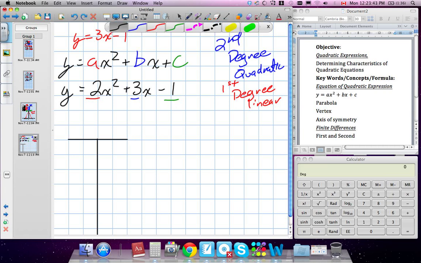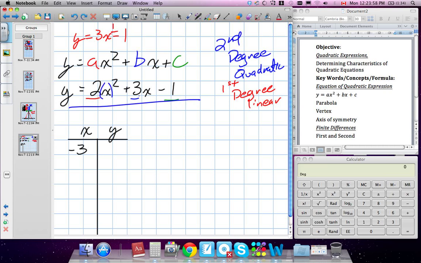So I'm going to start at, let's say, -3. If my X value is -3, that means I take the equation here, and for each of the X values, I plug -3 in to solve for Y. So our first example, Y is equal to 2 times -3 squared plus 3 times -3 minus 1. -3 squared is +9. 3 times -3 is -9.